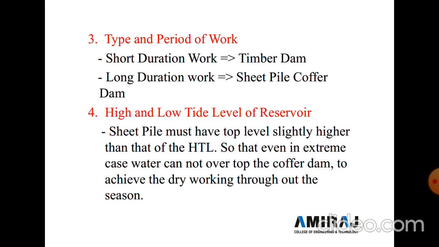For short duration work, we construct a timber dam, and for long duration work, a sheet pile cofferdam is constructed. Now fourth one is the high and low tide level of the reservoir. The sheet pile must have a top level slightly higher than that of the high tide level, so that even in an extreme case water cannot overtop the cofferdam, to achieve dry working throughout the season.